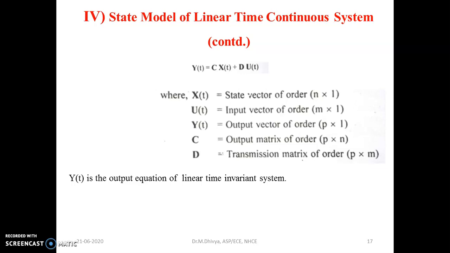The equation y of t is equal to C into x of t plus D into u of t is called the output equation of a linear time invariant system.